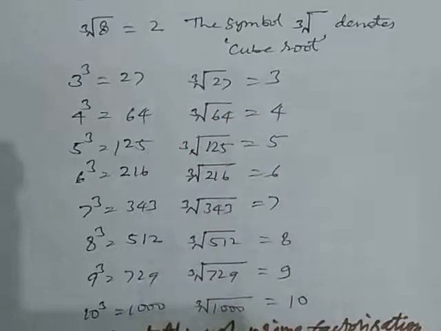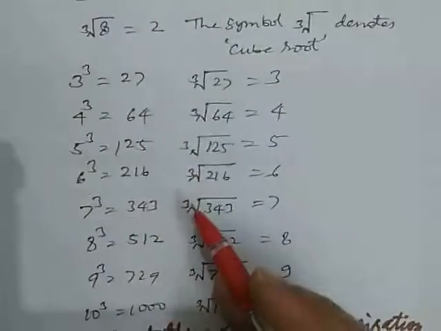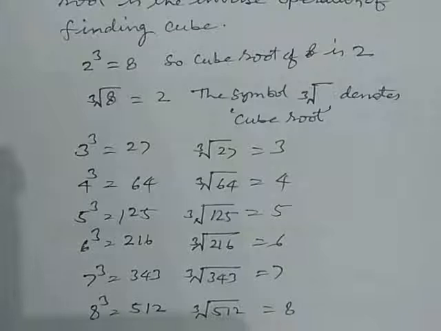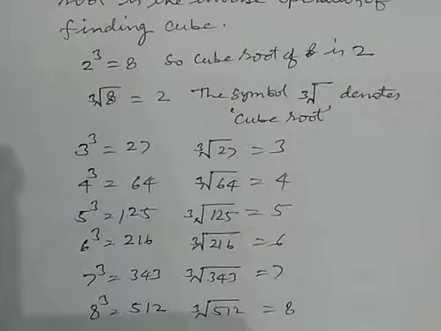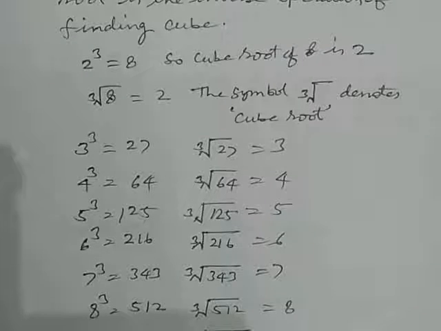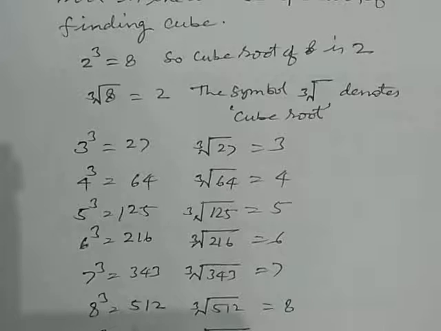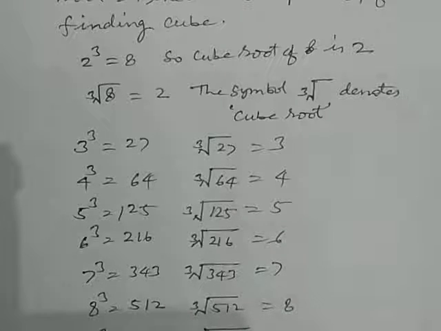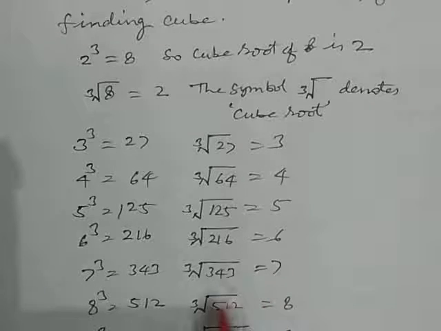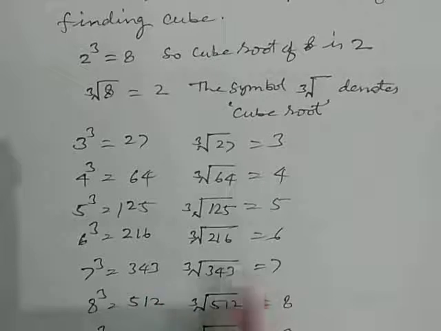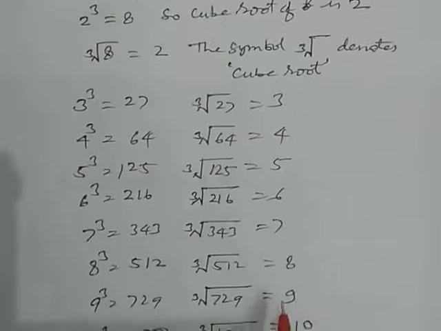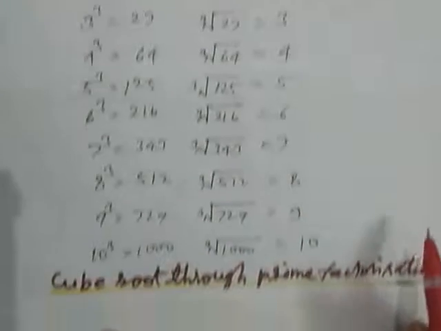Only 8 is left, but no, 8 is here: the cube of 2 is 8. So all the digits are involved in the cube, so we can't get any clue from the unit digit. By inverse operation we can find the cube root, but only for whole numbers.